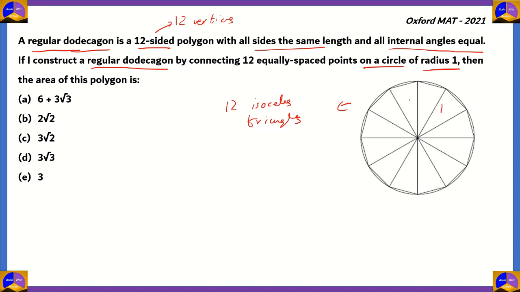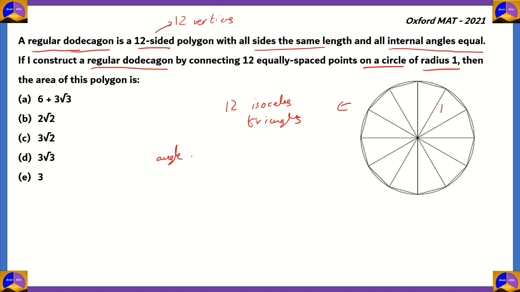So which means that the isosceles triangles present in the dodecagon are 12 in number, and all of them have two sides which have the length equal to the radius of the circle. Now, we know that all internal angles of a regular dodecagon are equal.